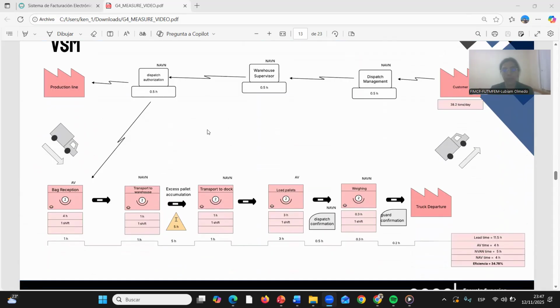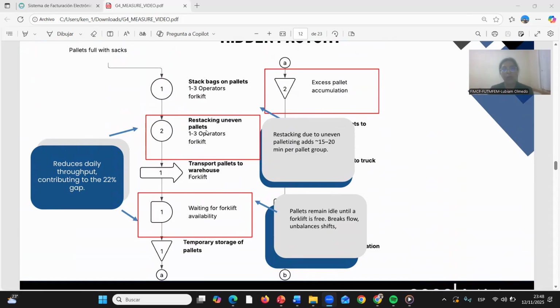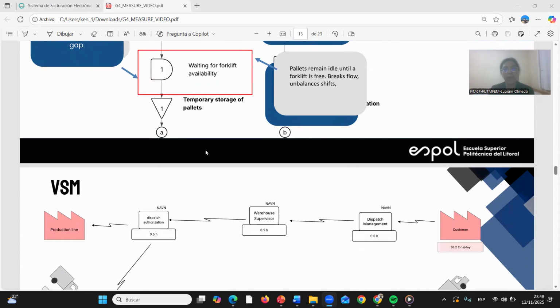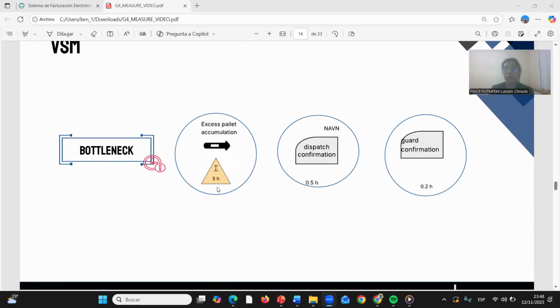Restacking can add around 15 to 20 minutes per pallet group, and uneven pallets break the flow and unbalance the shift. This shows that a significant part of the loss isn't in the machine itself, but in how material is handled between operations. With the value stream map, we visualize the complex packaging and dispatch process. We can see where material and information flow smoothly and where there are queues, rework, and waiting times that indicate potential bottlenecks, such as pallet accumulation, dispatch confirmation, and weight confirmation.